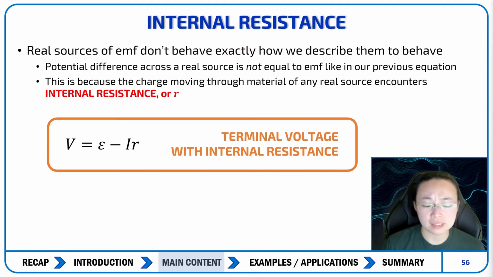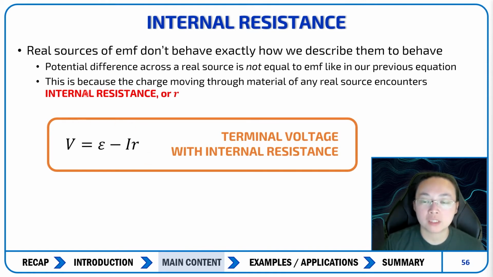The only thing is, if you do have a circuit and it has internal resistance, that means we have to consider that in our calculations. Real sources of EMF are not going to behave exactly how we want them to behave, or how we've originally described them. The potential difference across a real source is not going to be equal to EMF. Like in our previous equation, we have to deduct internal resistance from that equation.